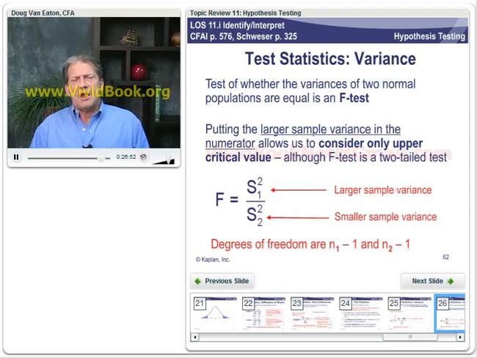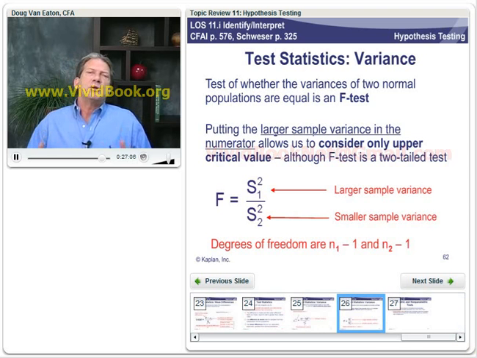If they're unequal, that could be less than 1 or greater than 1. Well, by putting the larger one in the numerator, we've just kind of rigged the test. We're never going to get a value less than 1. We're never going to be below the lower critical value. So we just have to focus on the upper critical value.